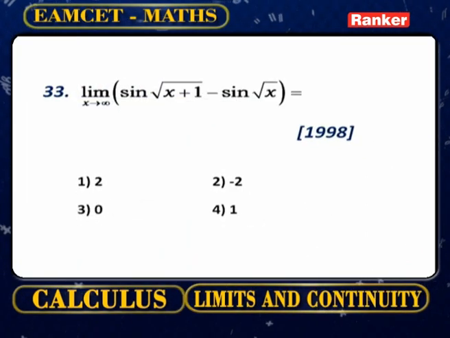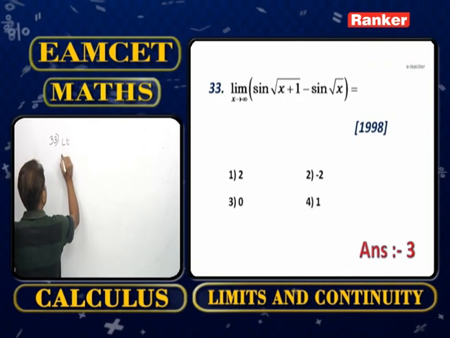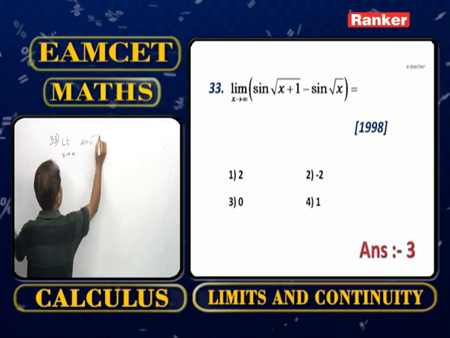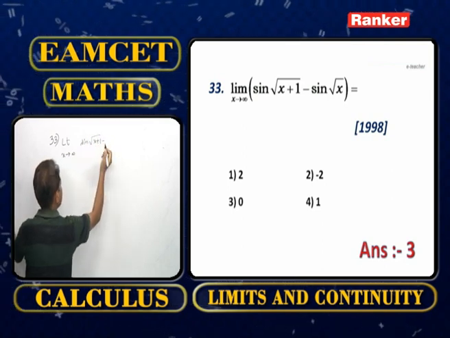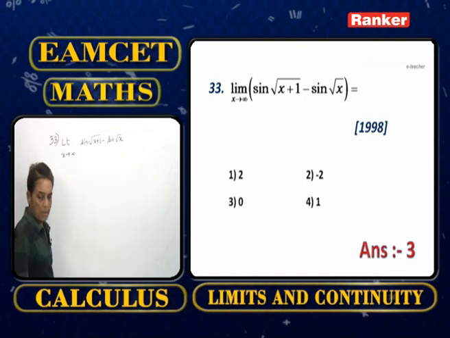Now, we will go for the next question, 33. Question number 33. Let us see what is question number 33. Limit x tends to infinity of sin of root under (x plus 1) minus sin of root x.